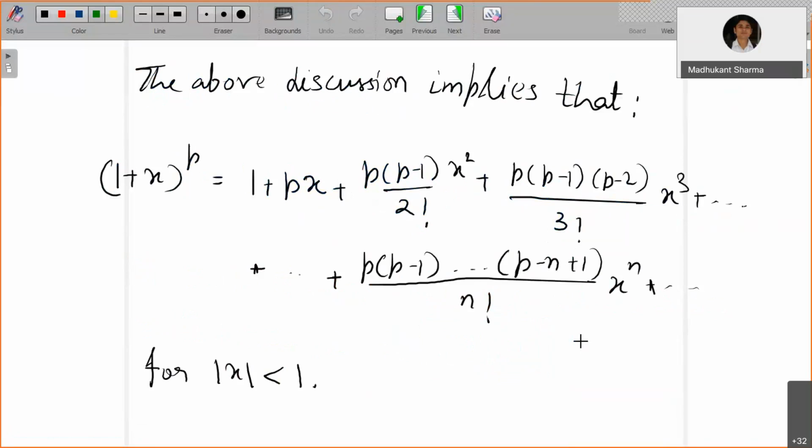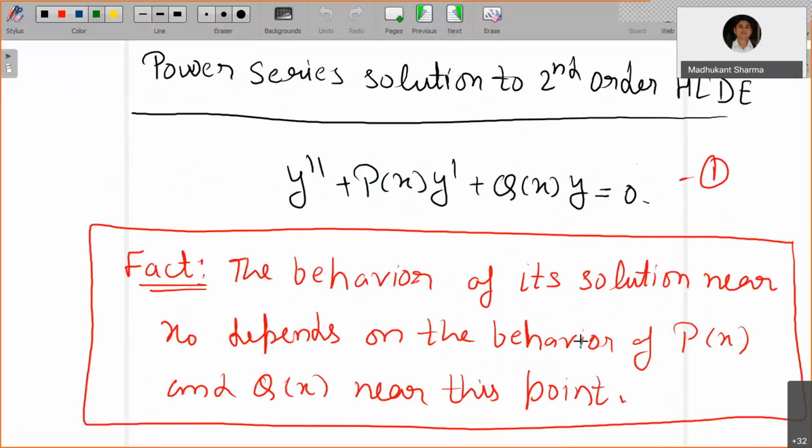So consider the following homogeneous linear differential equation of second order: y double dash plus p of x times y dash plus q of x times y equals 0. Let us call this equation number 1. Now what is the relation between the solution of this equation and the coefficients?